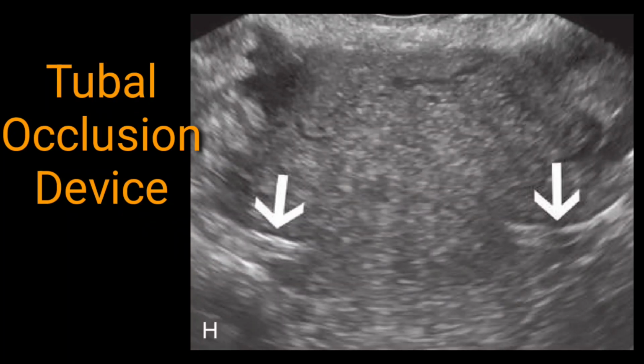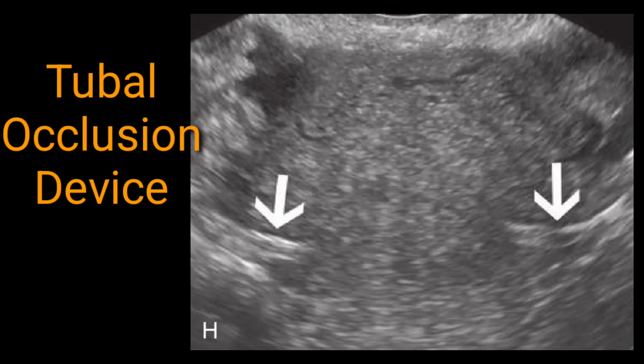As far as 3D ultrasound is concerned, to some extent you can pick all these devices easily, but on the transabdominal and transvaginal scan it would not be quite clear. The best modality to pick the tubal occlusion devices is MRI, because MRI will explain everything clearly. It will show you whether these devices are normally in situ and whether they have occluded the fallopian tubes or not.